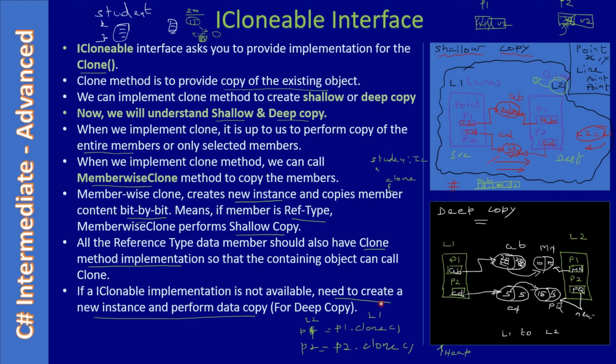All the stuff you will learn in the coming videos. But for now, you can understand the difference between shallow copy and deep copy. In shallow copy, address content is copied, thereby source and destination both point to the same reference type instances. In deep copy, we create a new instance and we copy content only.